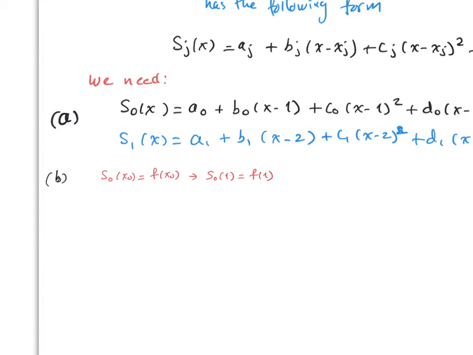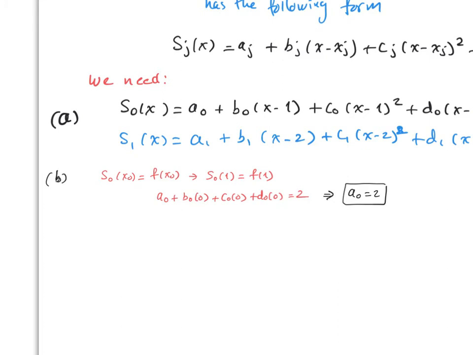So that means that a0 plus b0 times 0 plus c0 times 0 and d0 times 0 has to equal 2. How do we get the 0 here? Well, if you put 1 in here, that will give you 0, 0, 0. So therefore from here, this implies that a0 is equal to 2.